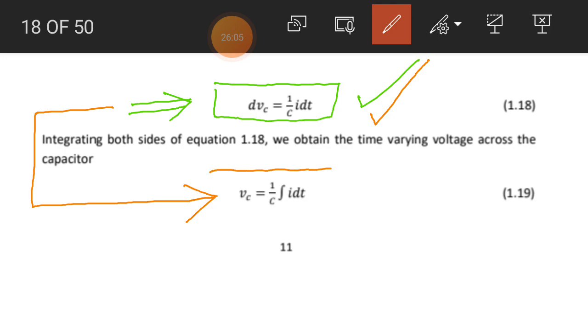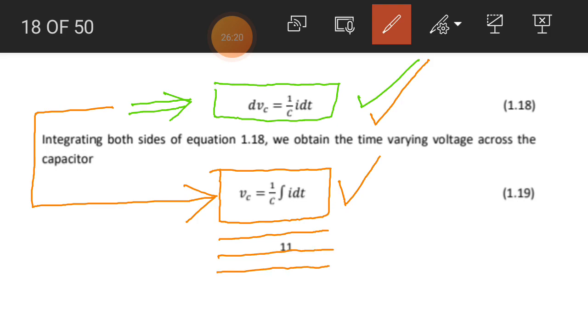So you guys can calculate the total voltage across the capacitor with the help of equation number 19. So the total voltage across the capacitor will be equal to 1 over C into the integration of I dt.